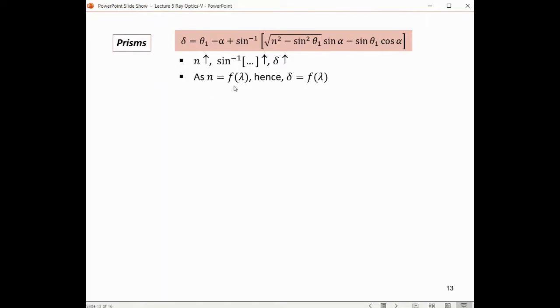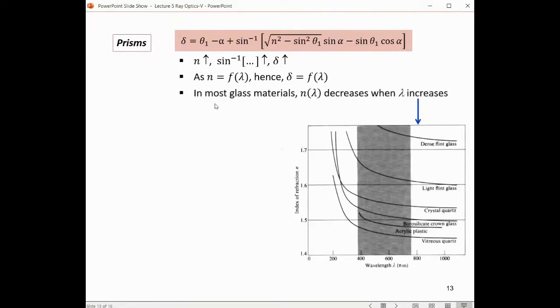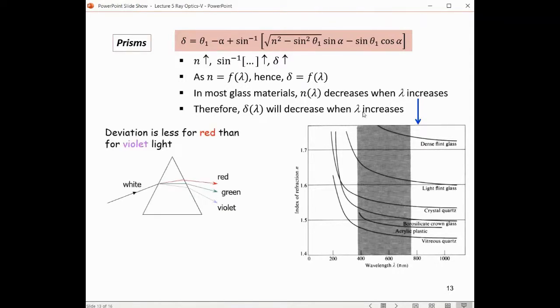Since N is a function of lambda, delta would also be dependent on lambda. In most glass materials, the refractive index decreases when the wavelength increases. Therefore, the deviated angle would decrease when wavelength increases. This tells us that when lambda is longer, for example red light, the deviated angle will be smaller.